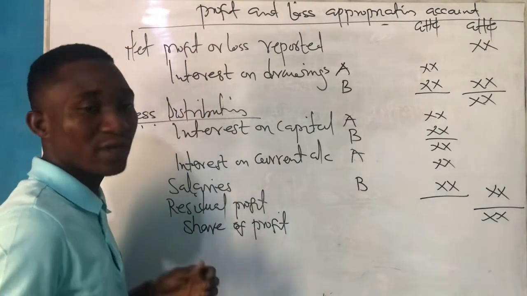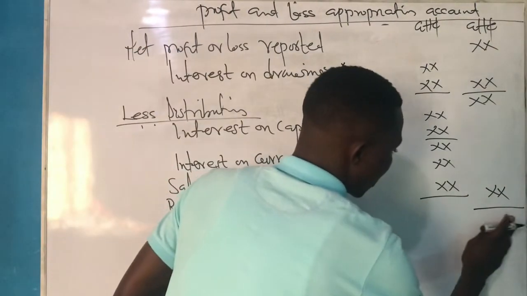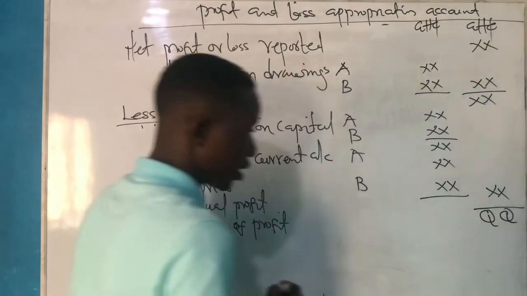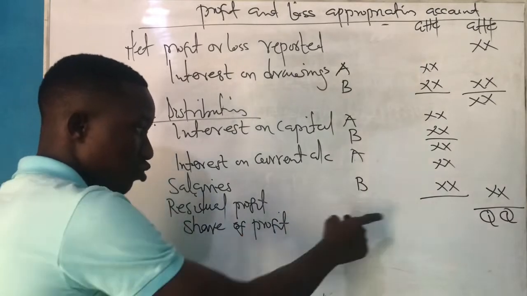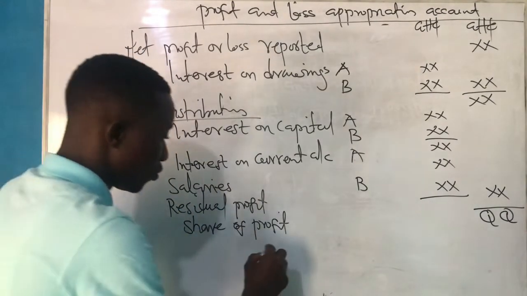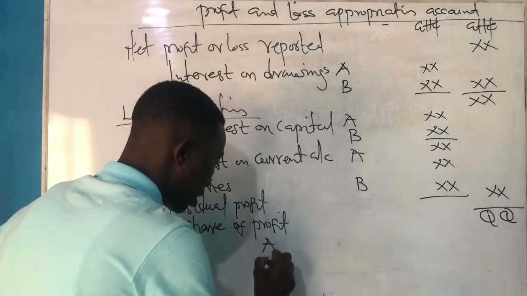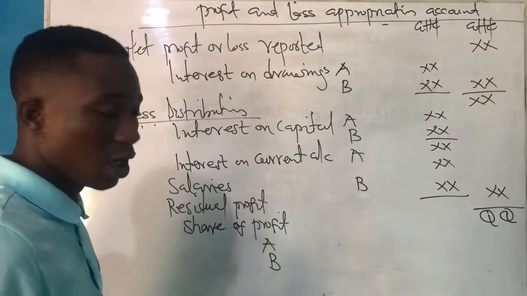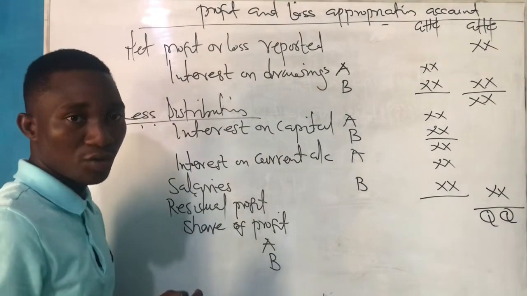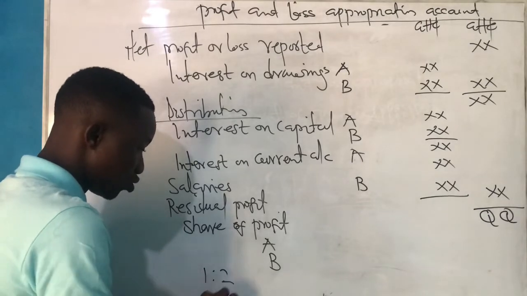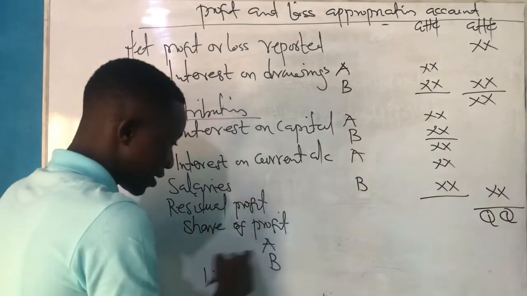But let's assume that the total of this is QQ. So we are going to share this residual profit between partner A and B. Let's assume that the agreed profit and loss sharing ratio is 1:2, that is for partner A and B.